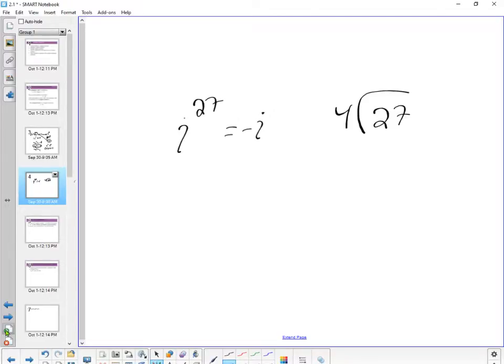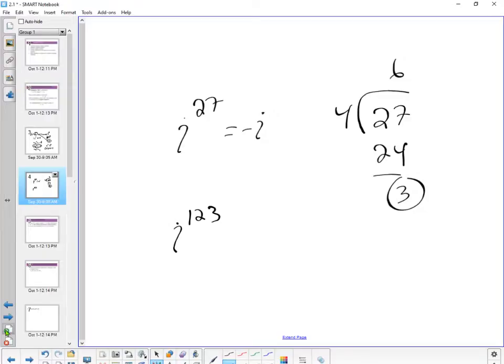Because once I divide by 4, what do I get here? 24? So 6, that's going to give me 24. I'm going to have 3 i's left over, right? And that means that I can look at that spectrum from i to the first to i to the fourth. The third option is negative i in this case.